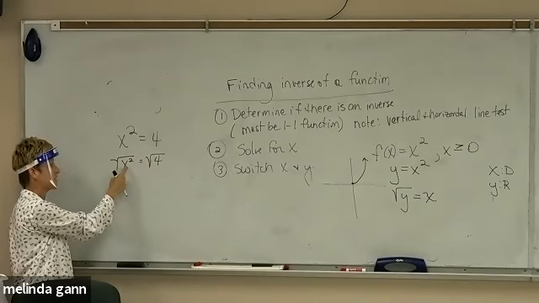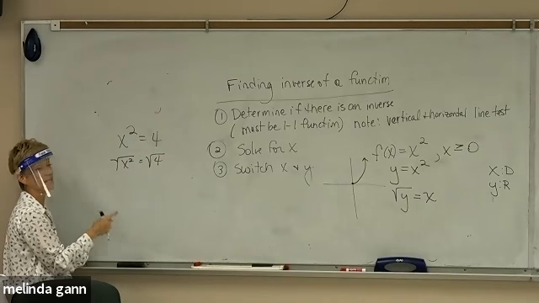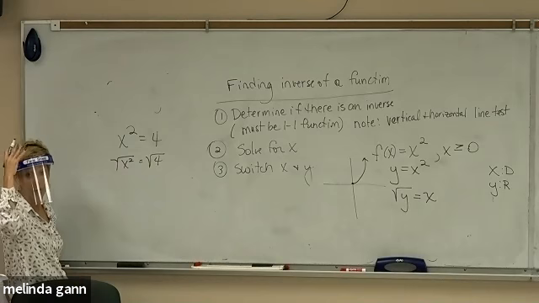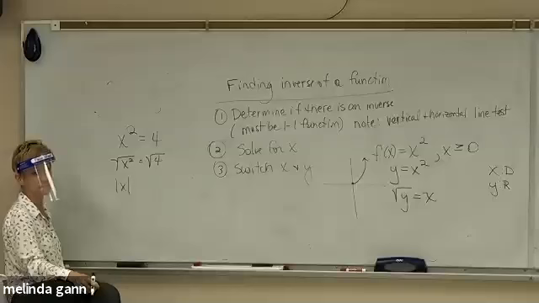What do you think the answer to that is? Could be positive or negative. The square root of x squared is not x. Okay? The square root of x squared is the absolute value of x. This morning got questions?